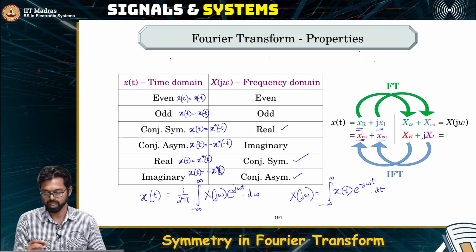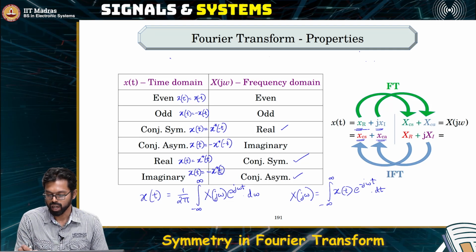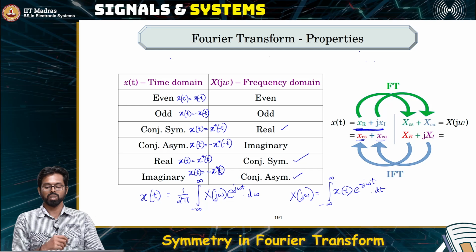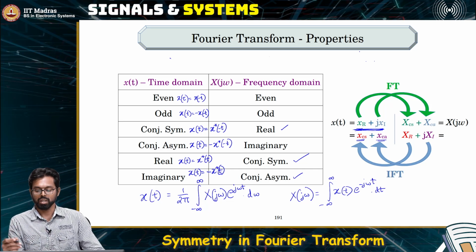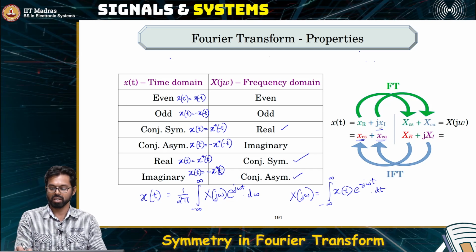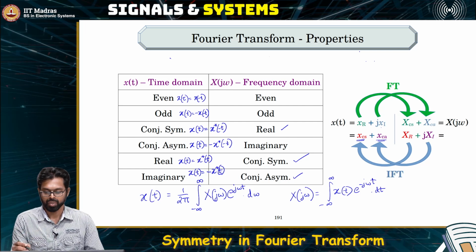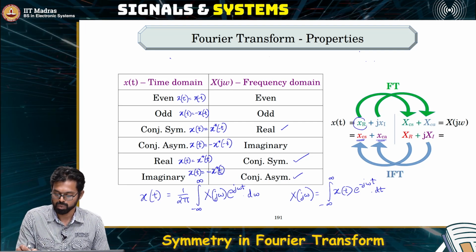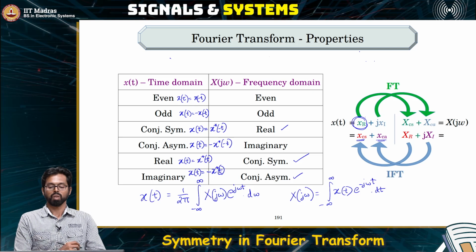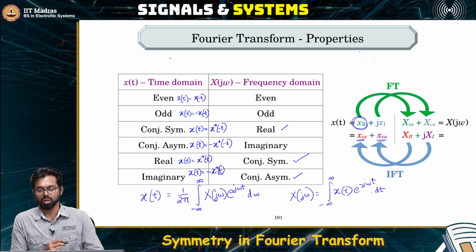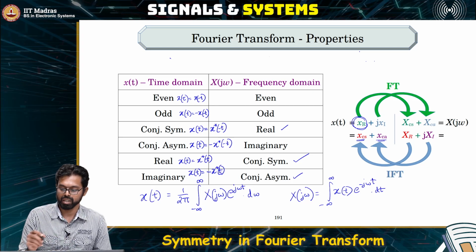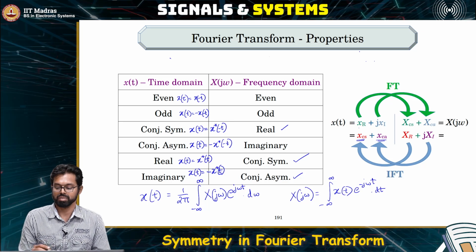Now let us say we split like that, and if we try to find out their spectrums individually, how are they related? They are related in a very interesting fashion. Now if I try to find out the spectrum of the real part of the signal x of t, what is it that we get? So how do I get the real part of x of t?